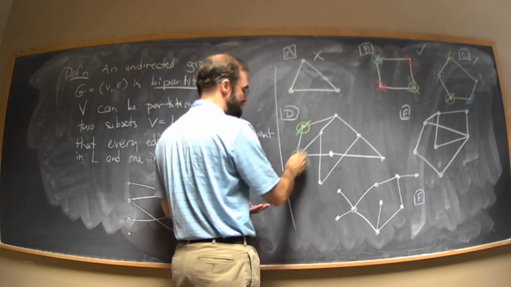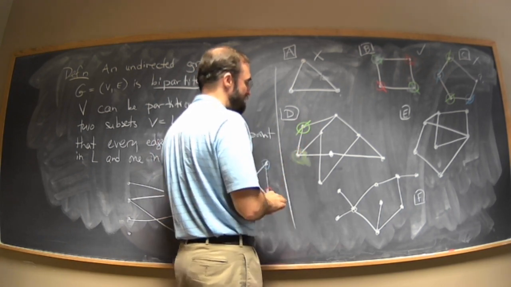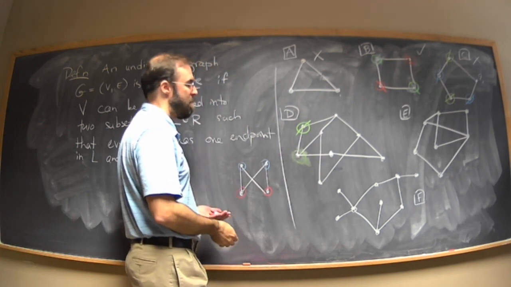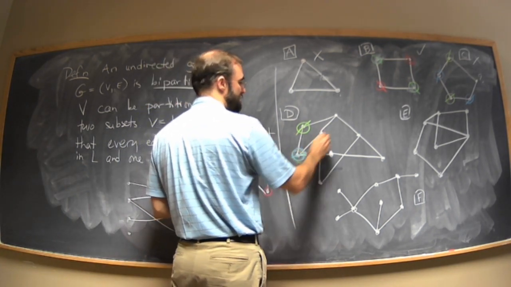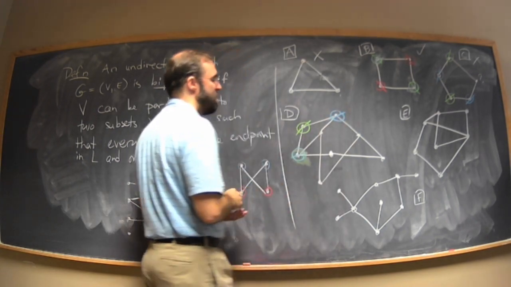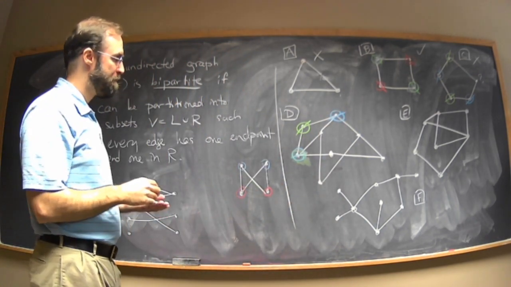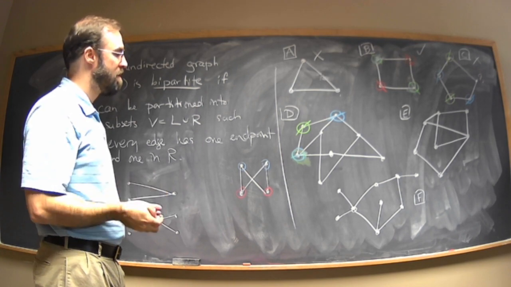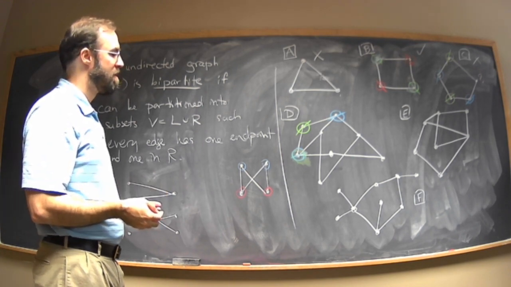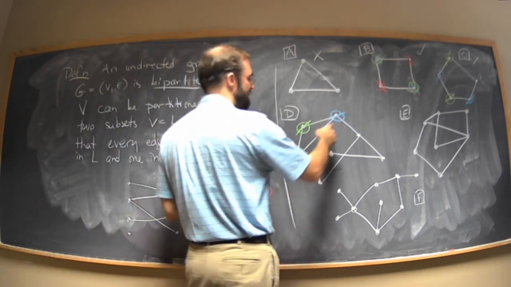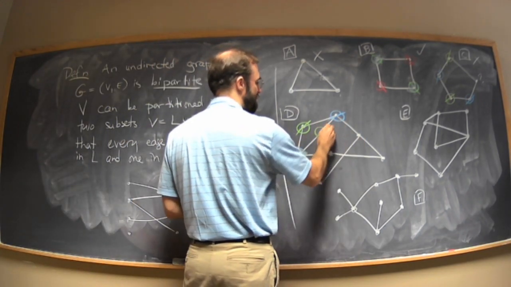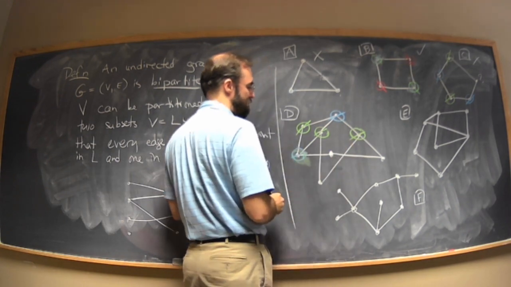And then for each possible edge, you label every next vertex a different color. So you just do it for every edge versus doing one at a time. And then you continue that process, and you'll find that there are none of the same colors adjacent. So if you start with the blue one at the top, you'll get two greens, and those work out with the blue that you already have.